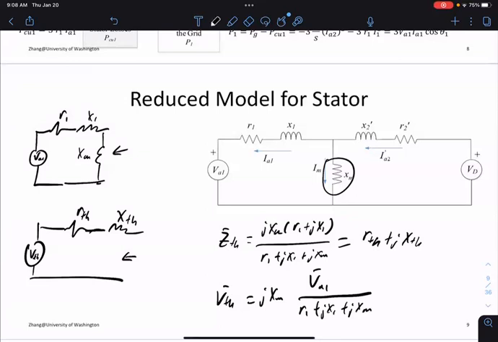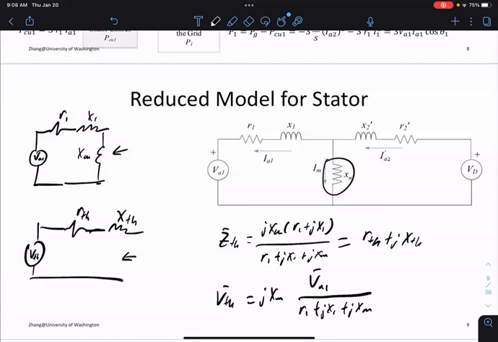This is the way to do the Thevenin equivalent circuit, so you can pretend that this shunt doesn't exist. And in that case, IA1 will be equal to IA2. That's the main reason for using the Thevenin equivalent: to make the current from both sides equal.